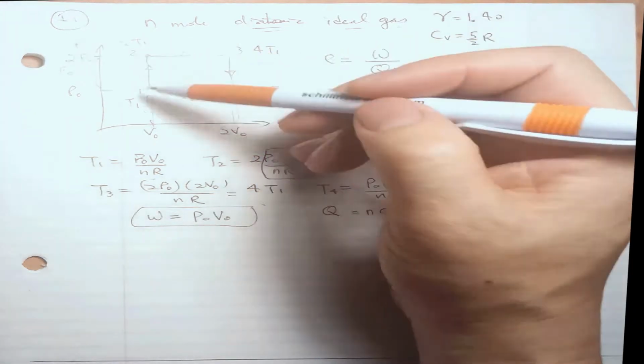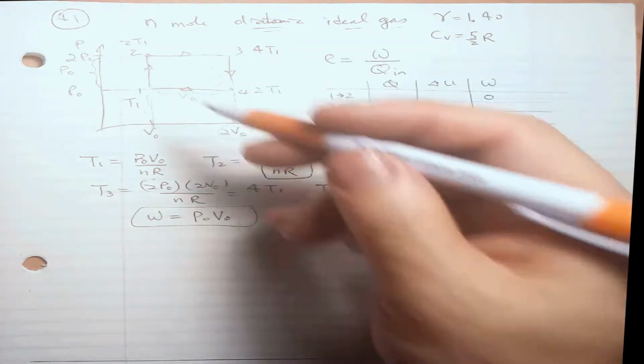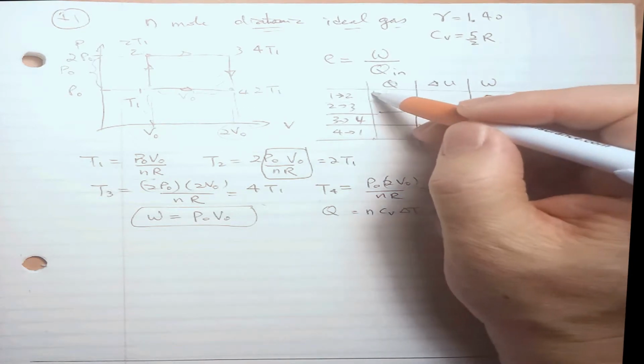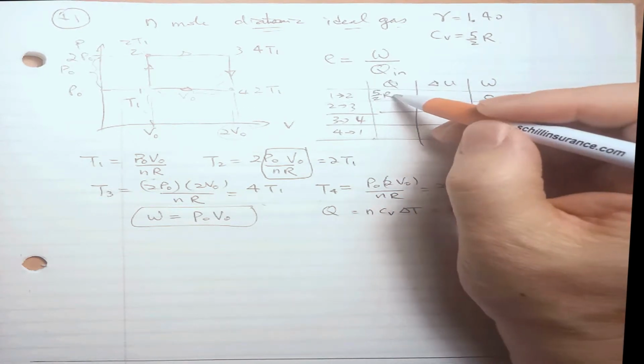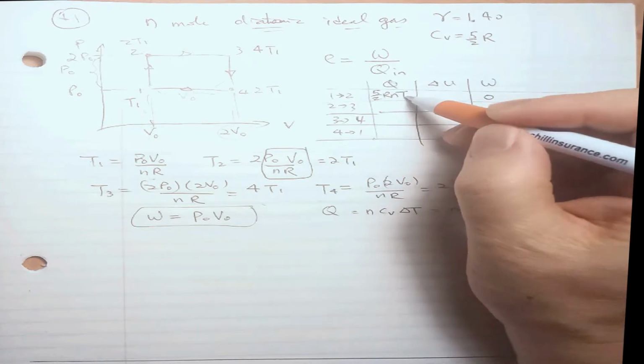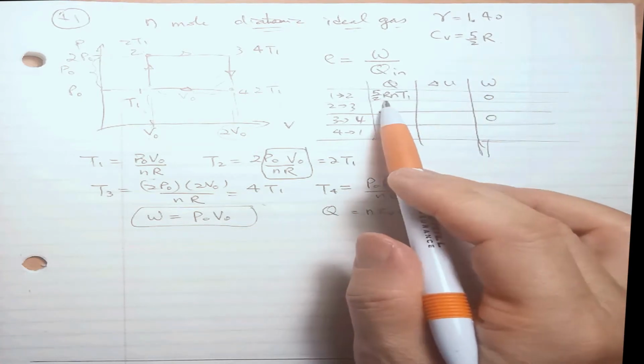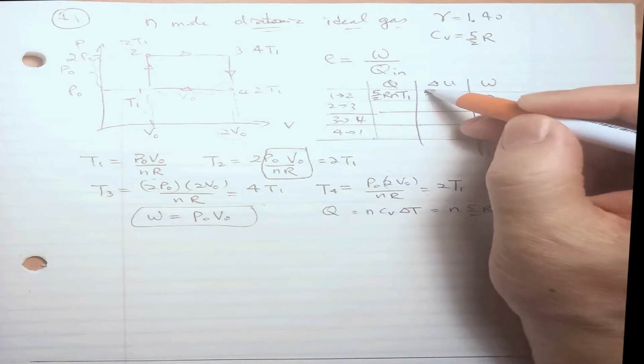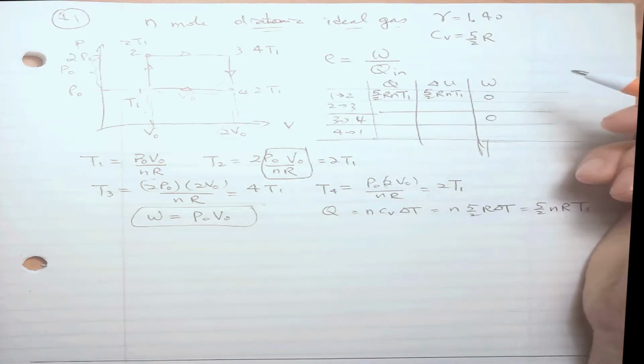Now delta T is the change, which is 2T1 minus T1, that's 1T1. So this one is 5/2 nR T1. That's the heat going in.